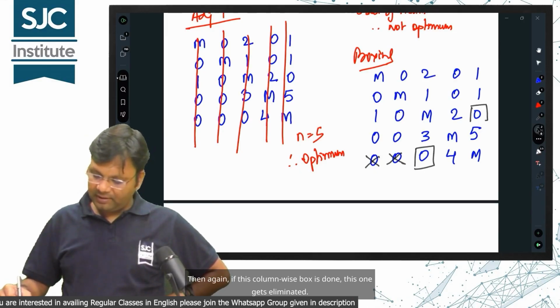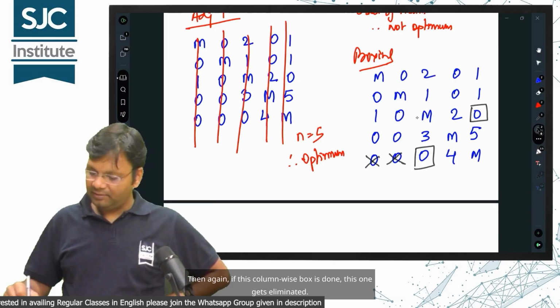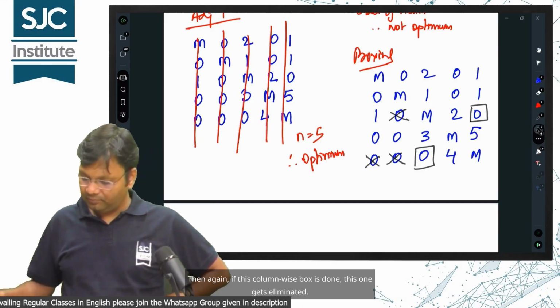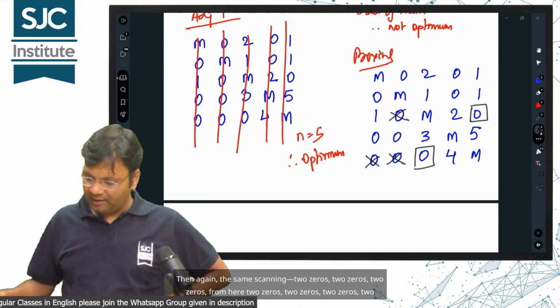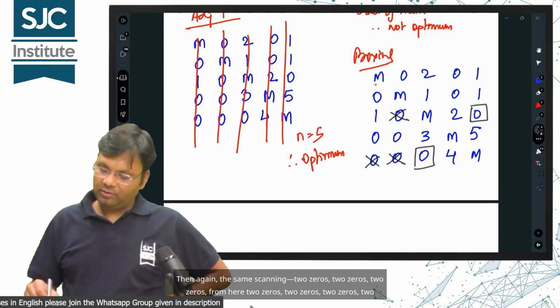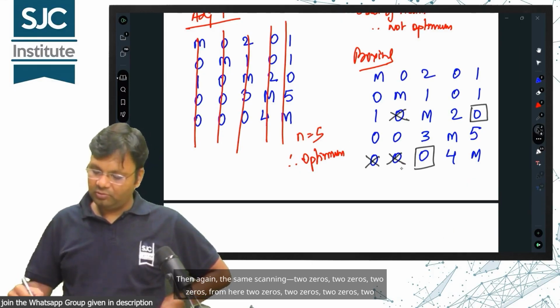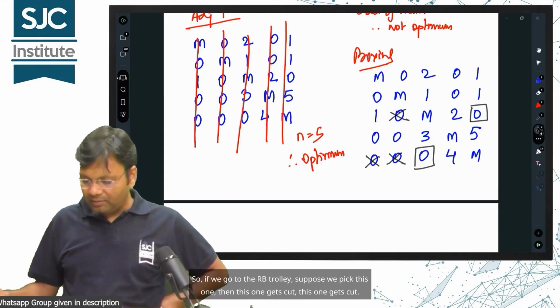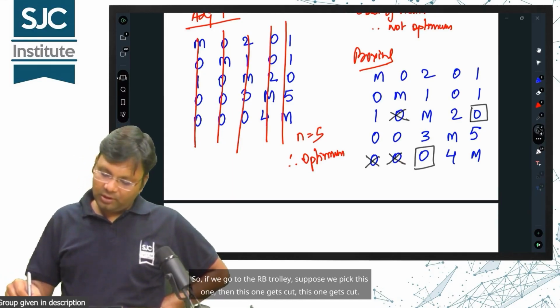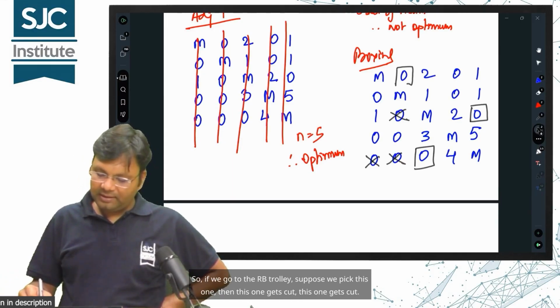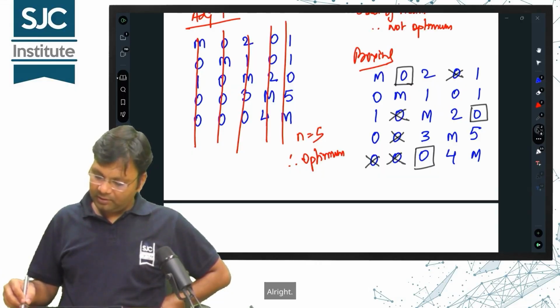Then again, if this column-wise box is done, this one gets eliminated. Then again, the same scanning: 2 zeros, 2 zeros, 2 zeros are found. So, if we pick this one, then this one gets cut, this one gets cut. Alright.